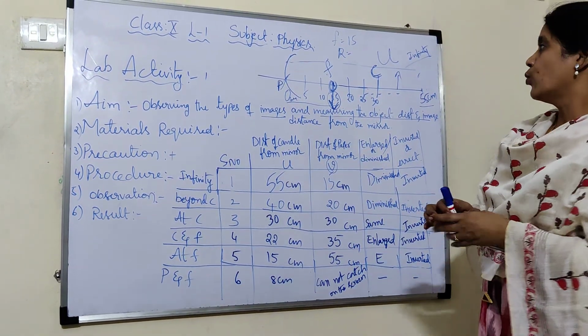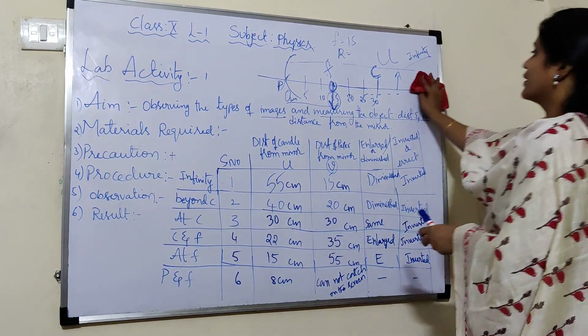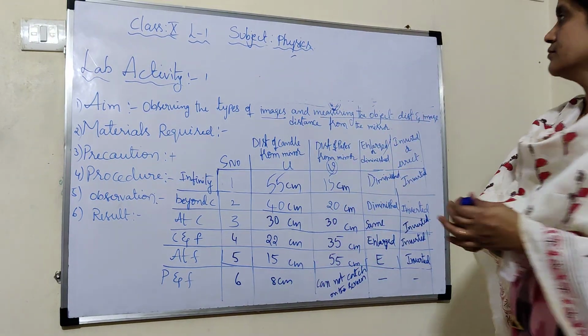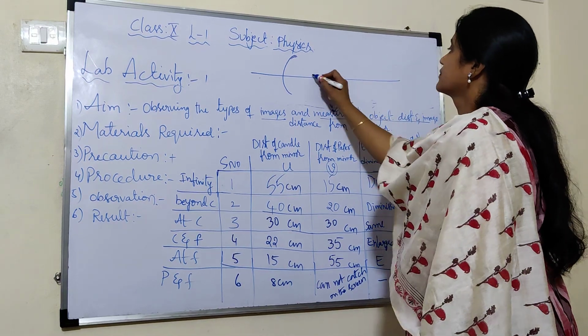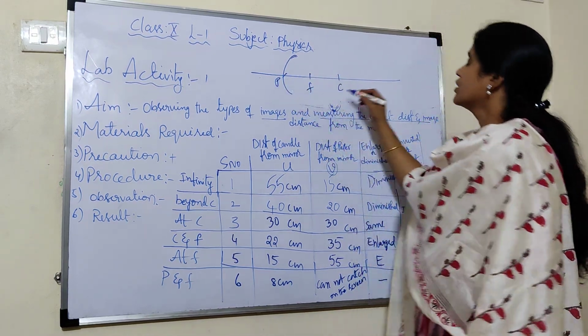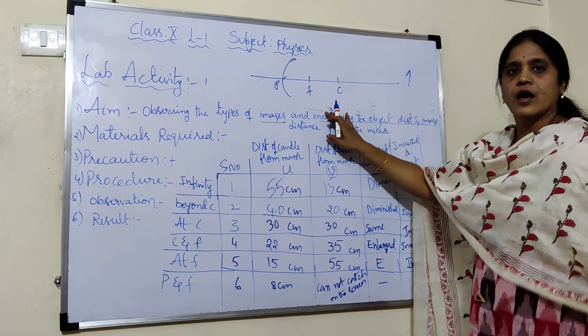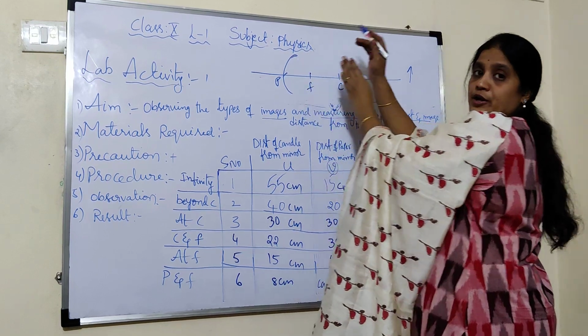When you place an object in front of a concave mirror, and from far to close to this mirror, you observe the types of images.